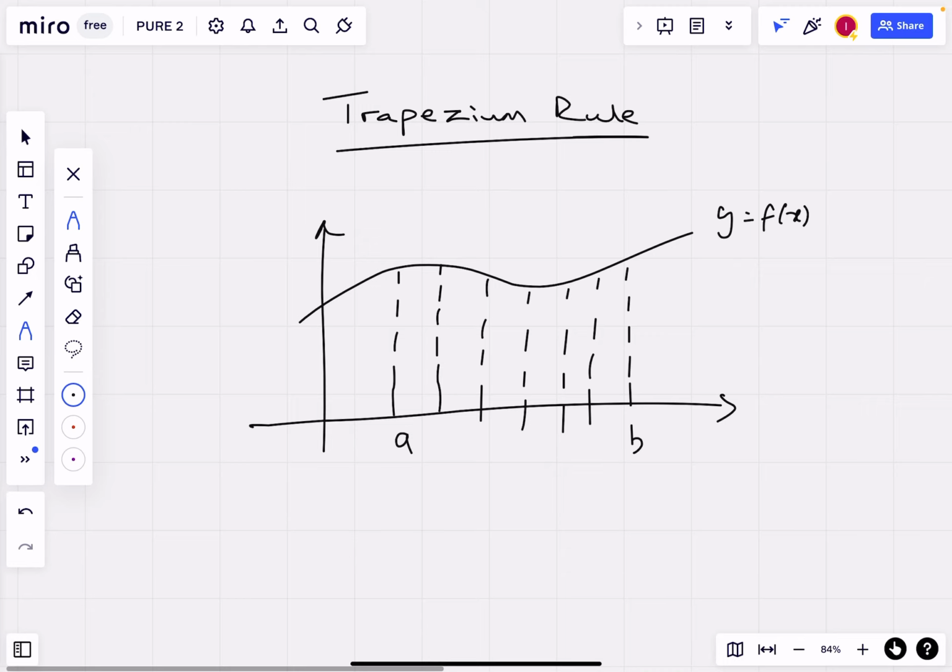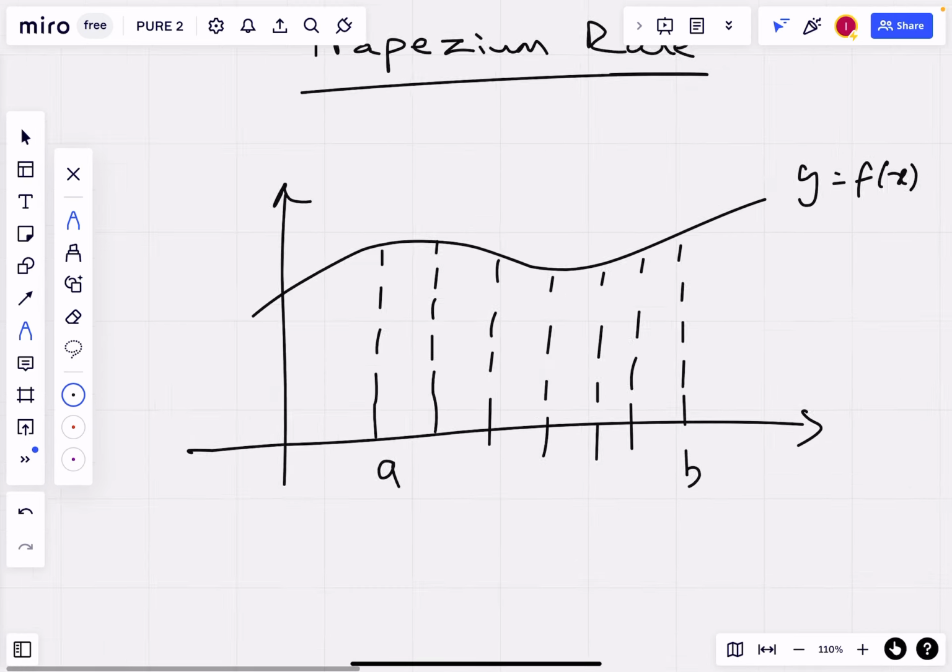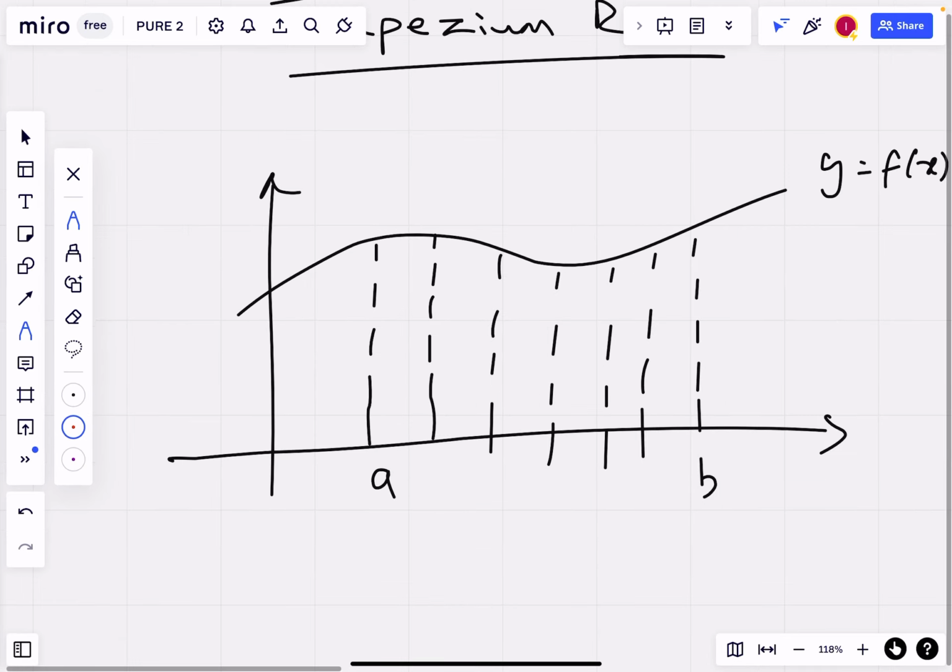You can then connect each dotted line. So if I connected this with this, and like that, the connecting lines follow the curve relatively closely.